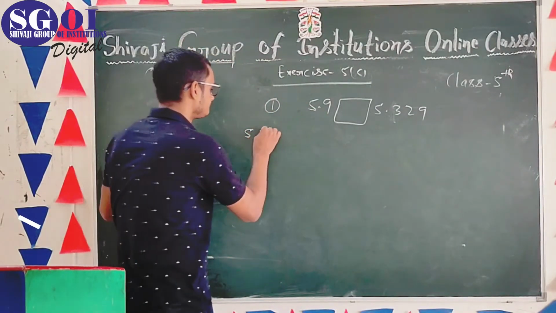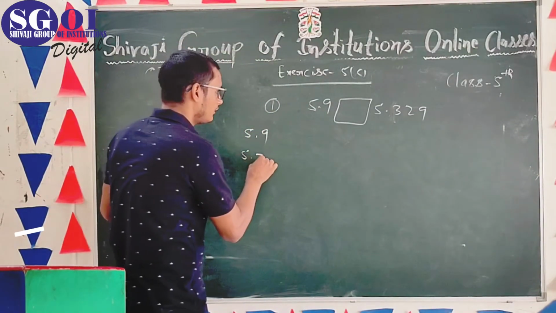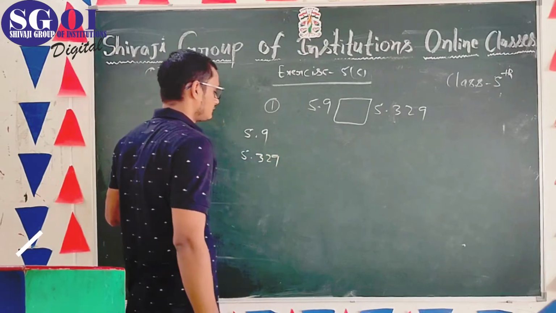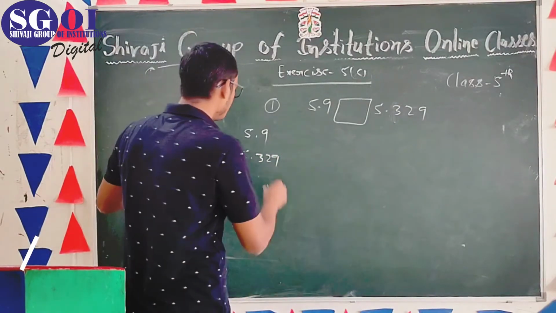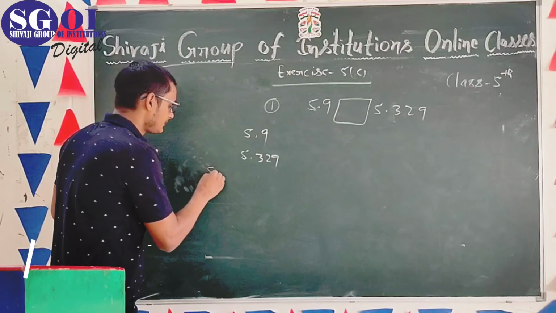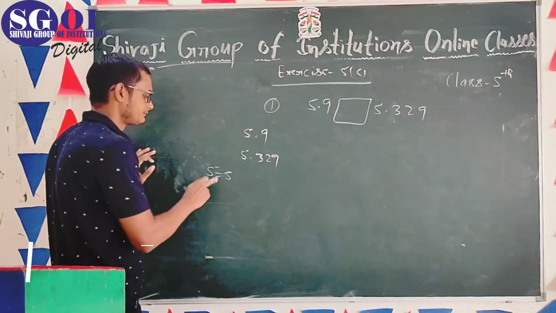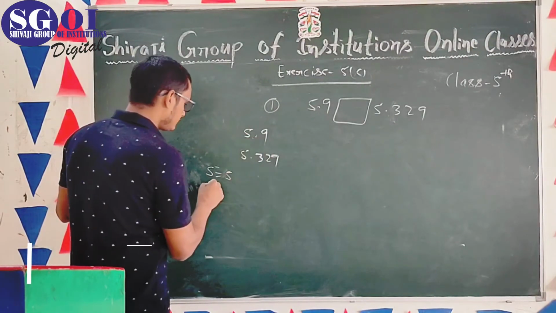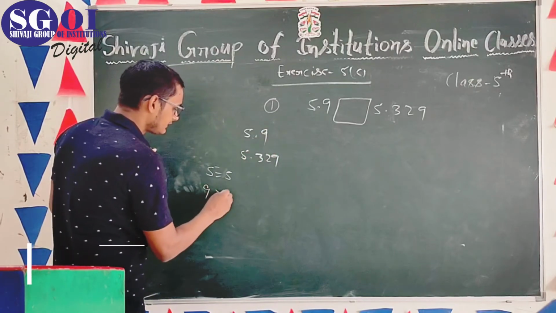Here we compare all the places. 5 in the ones place, 5 is equal to 5. Point 9 is greater than 3.